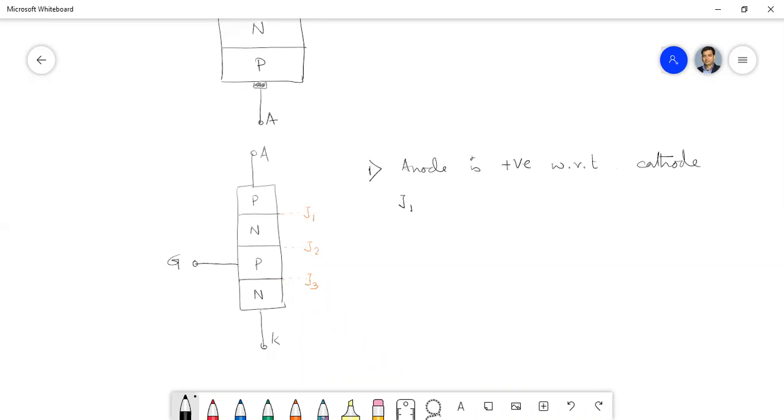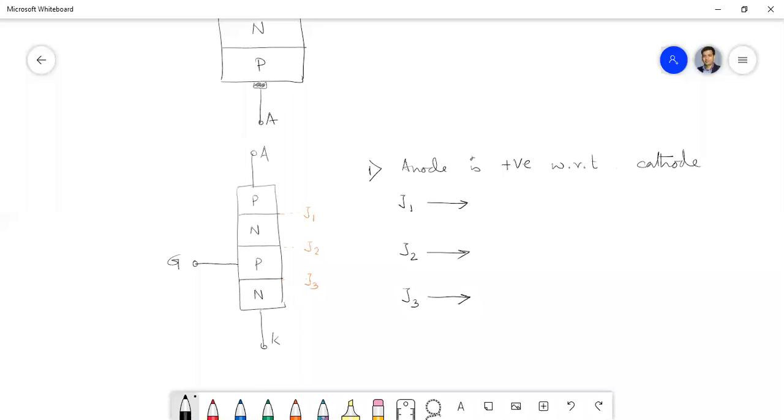So that means we have junction 1, junction 2, and junction 3. I'm asking about the biasing. What is the biasing condition of junction 1, what is the biasing condition of junction 2, and what is the biasing condition of junction 3?